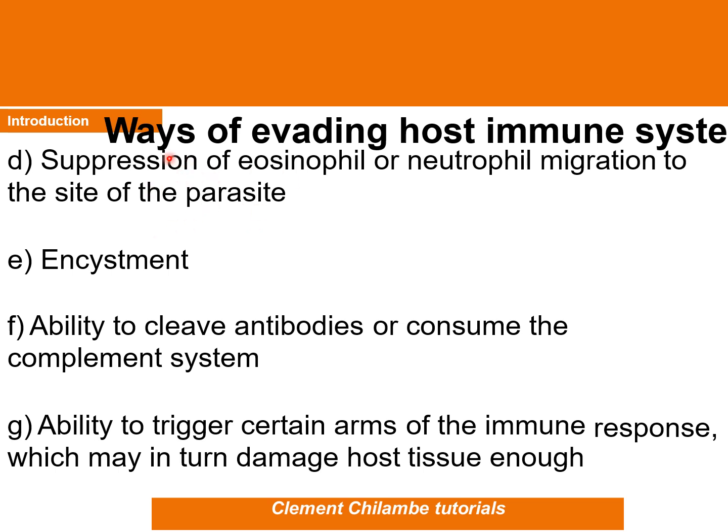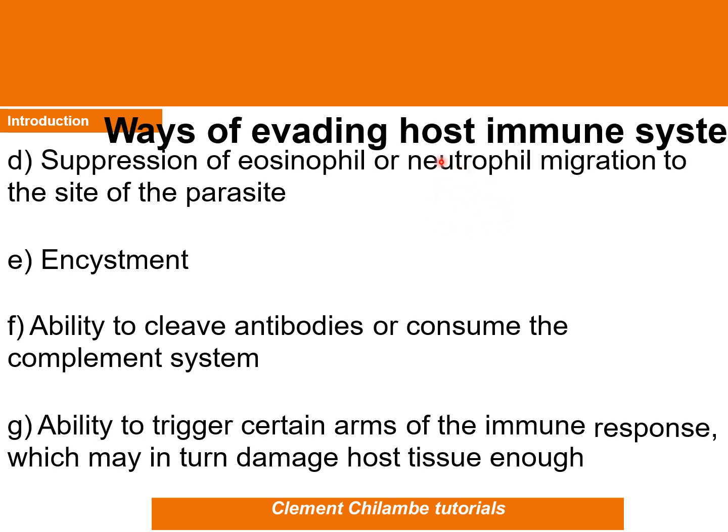This is actually about the manifestation of how the diseases develop in the host when a parasite invades, right? So with the suppression of eosinophils and neutrophils, remember these, especially neutrophils, are the inflammatory cells.